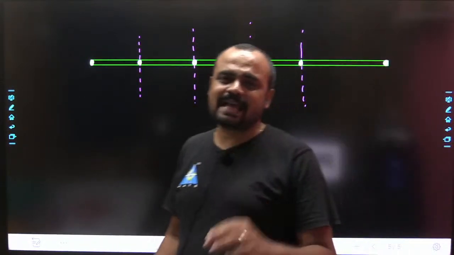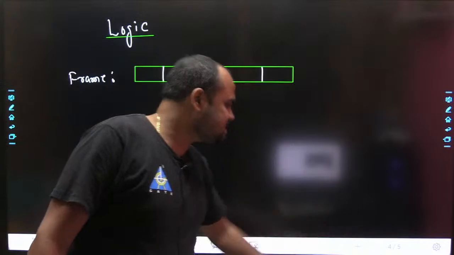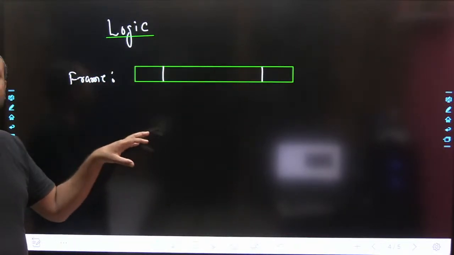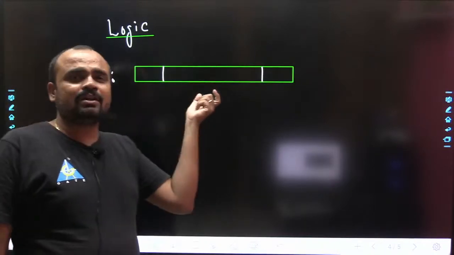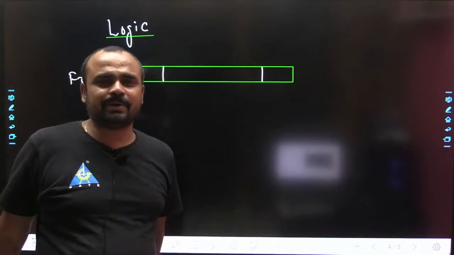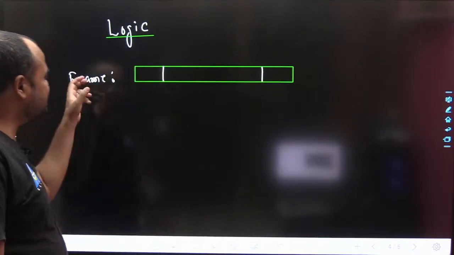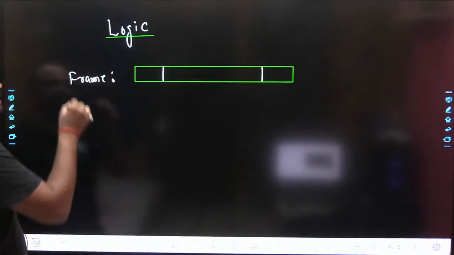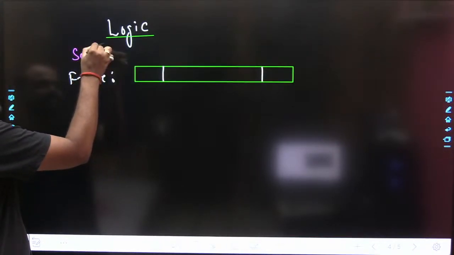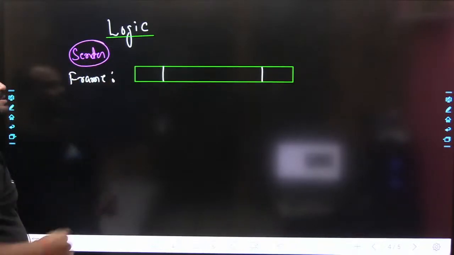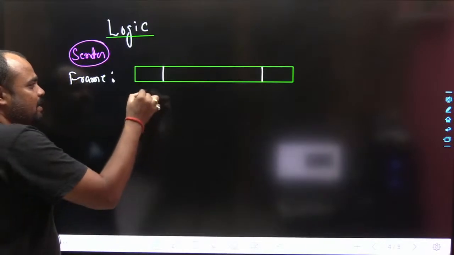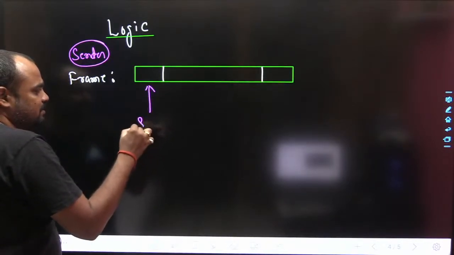And the same thing is happening over here. Until and unless the sender puts some logic inside the frame, the receiver would not be able to distinguish or separate the frame. So what logic is the sender applying? This particular logic is applied at the sender side. The sender is basically implementing a special bit pattern.